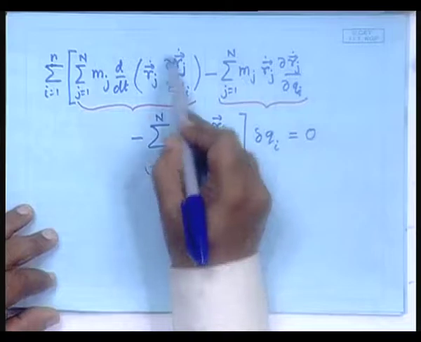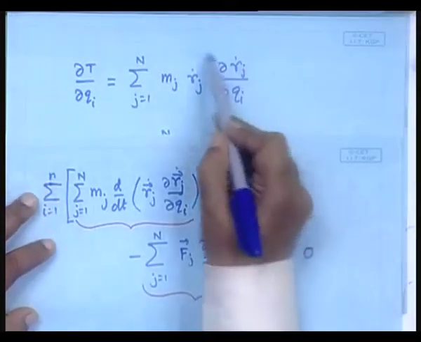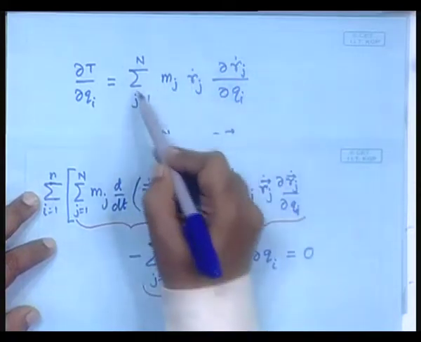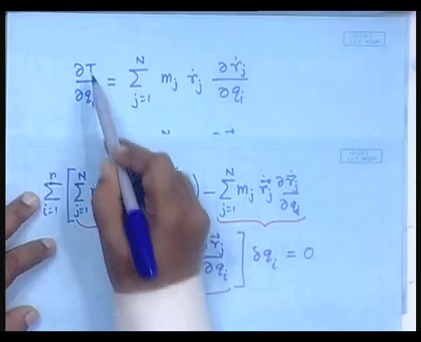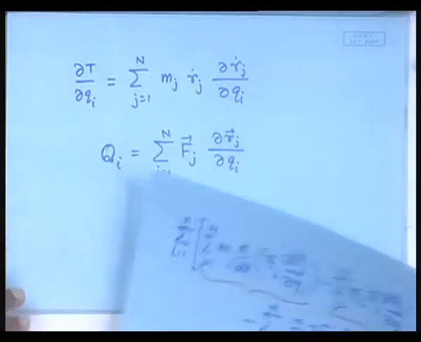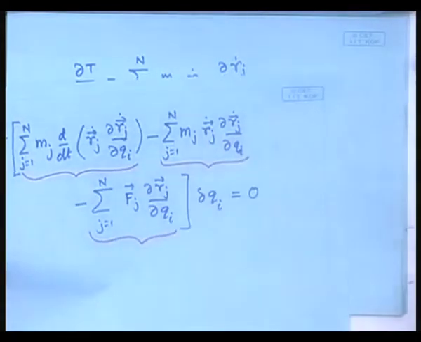What is this term? This term we have just identified as this term. So, this term is the same as this term. So, d dt of this is d dt of this, clear. And this term we have already derived.